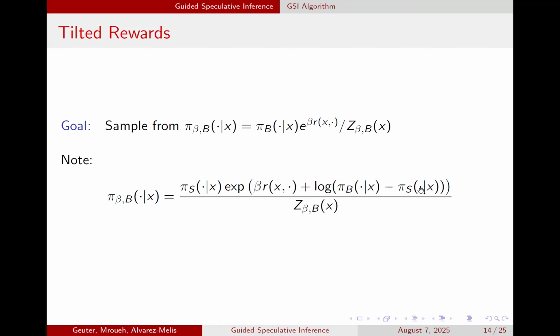If you pull this log ratio out of the exponential, you get pi_b over pi_s. Multiply that with pi_s, the pi_s cancels out, you get pi_b. So it's immediate that these two terms are the same.